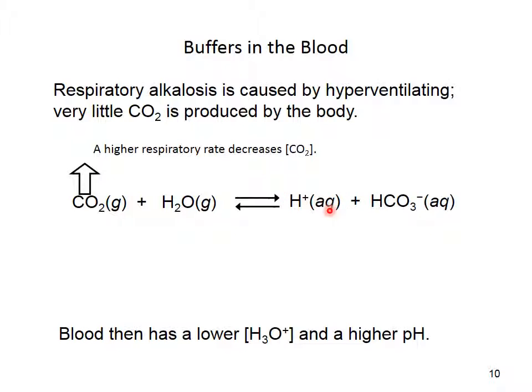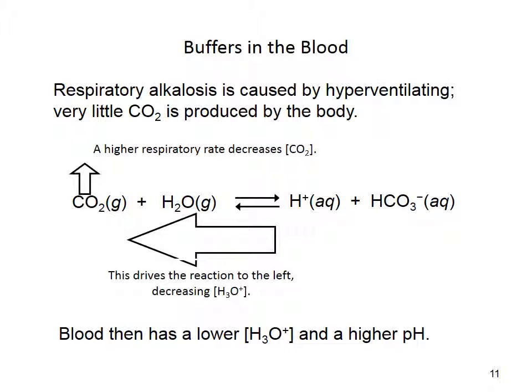The proton concentration is going to lower, so that means your pH goes high. So when you have a low carbon dioxide concentration and you've got a high pH, we realize it's caused by a respiratory problem, and we call it respiratory alkalosis because alkalosis means more basic.